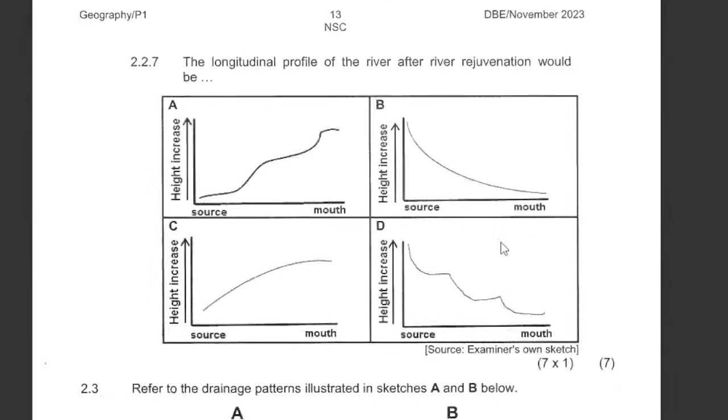The longitudinal profile of a river after rejuvenation, when it has gained its energy. It can't be this one because the source can't be at the lower section. It can't be this one because it can't be concave.